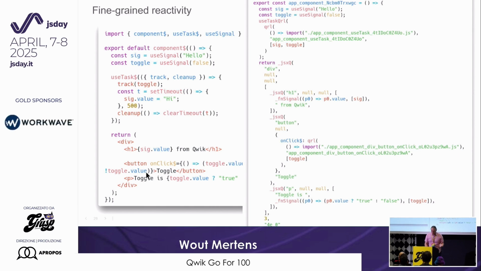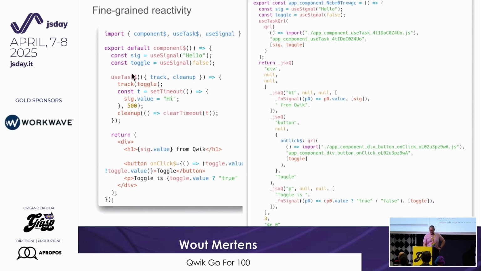So if we just look at this component, we have useSignal hello, toggle useSignal false. There's a task, there's some things. And if you have the button here, and when you click it, it sets the value to true. And here we see toggle is toggle.value. So the component is subscribed to the signal.